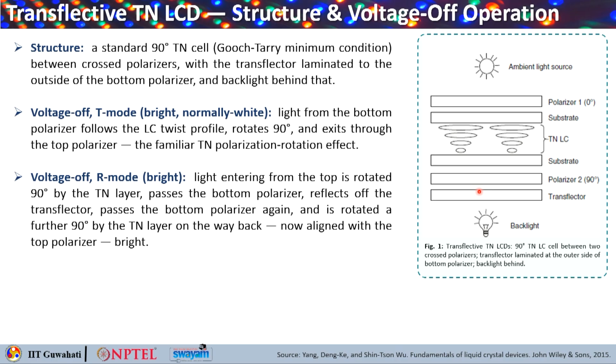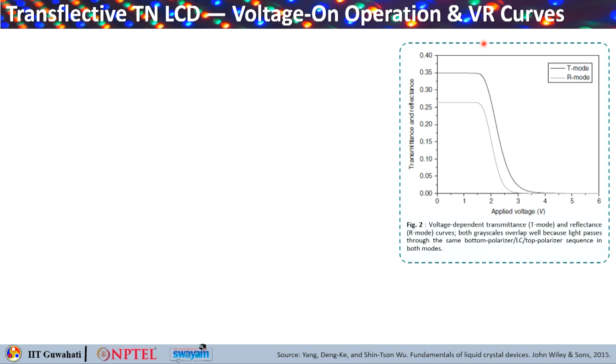On the way back it again gets rotated by a further 90 degrees by this liquid crystal layer, and then it gets a 180 degree shift, and it is aligned to this polarizer 1 and it can escape. So you again get a bright state from the reflection mode.